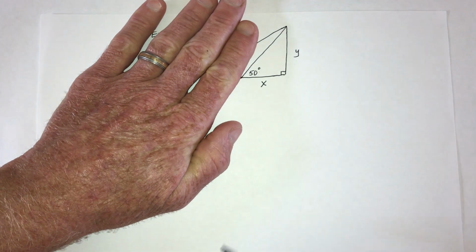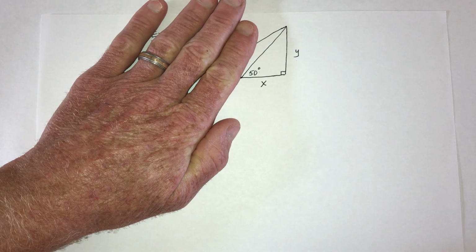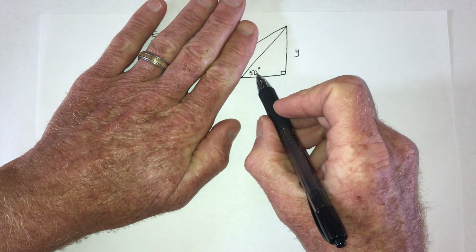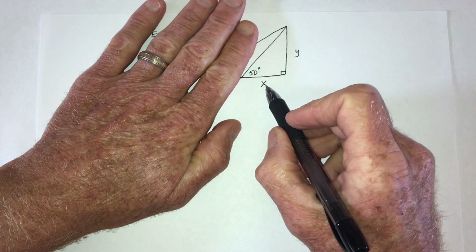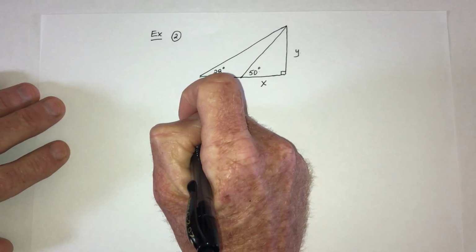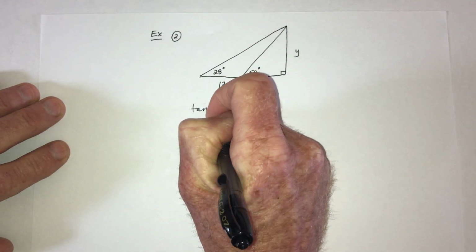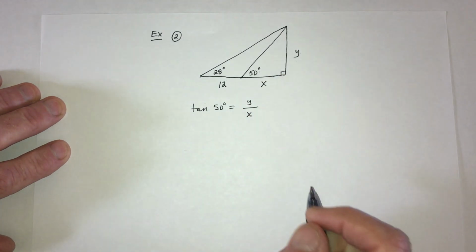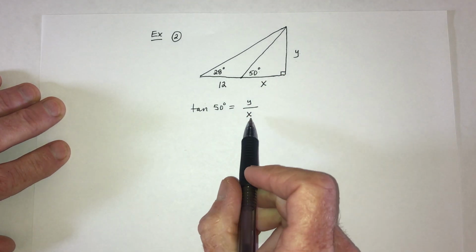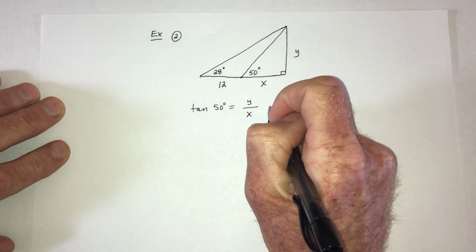To begin with, I'm just going to look at that little right triangle right there. Using the 50 degrees, it's going to be tangent of 50 equals the opposite over the adjacent. So that's one equation. Now if you have two variables, you need two equations.